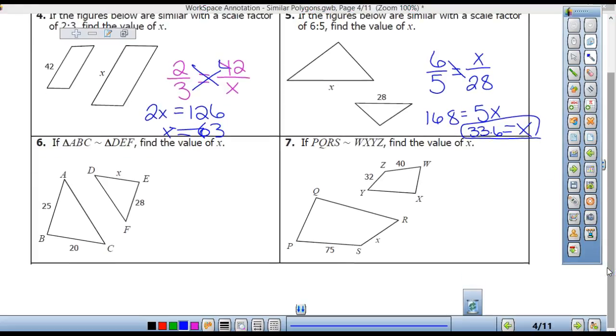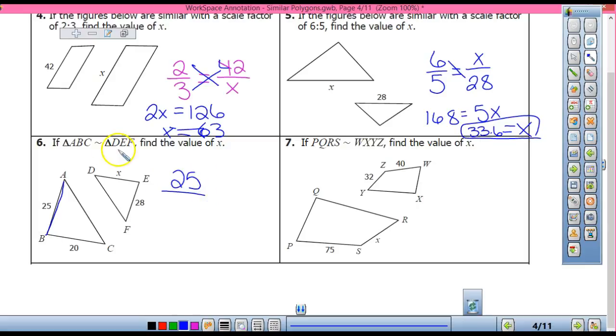All right, so now we got to be careful because now do they give us the scale factor? No. Now we have to get our scale factor. So I have AB, right? So 25 goes with, what goes with AB? D. So 25 goes to X. As now I have BC is 20 over what goes with BC? Yeah.